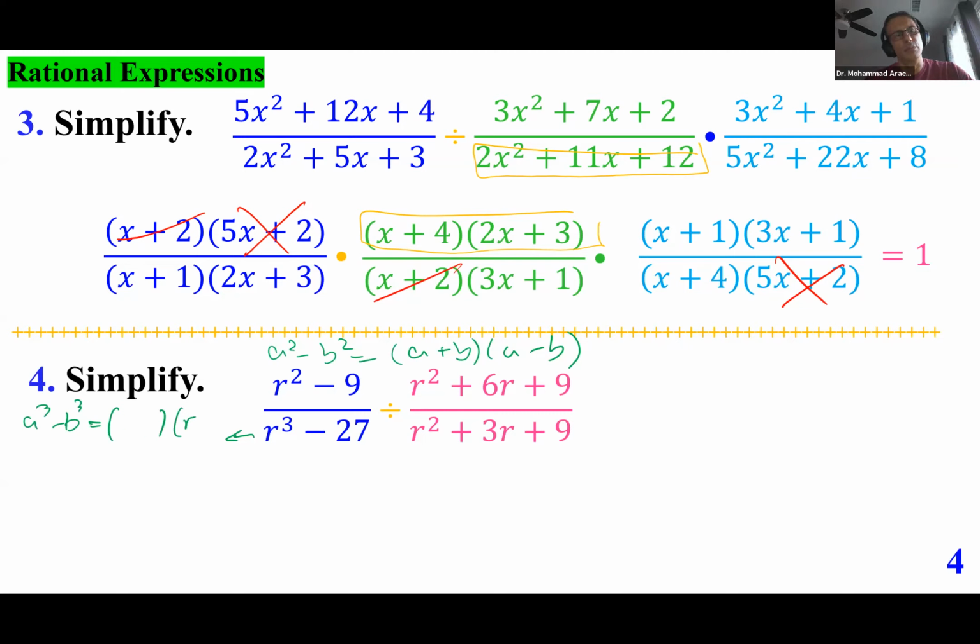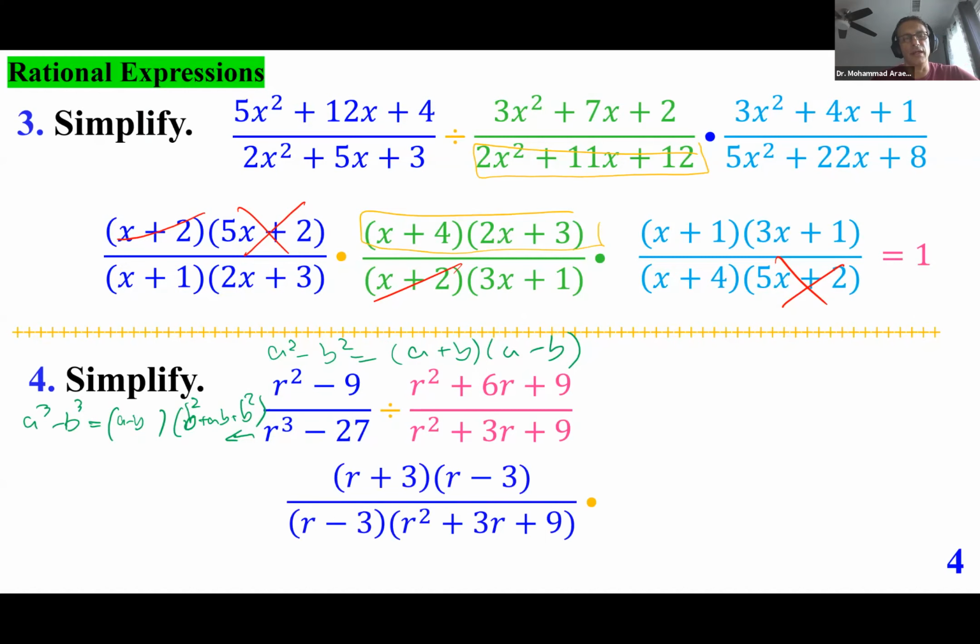Let me go with a minus b, and explain that one in general form: a minus b times a squared plus ab plus b squared, which gives you r minus 3 times r squared plus 3r plus 9.